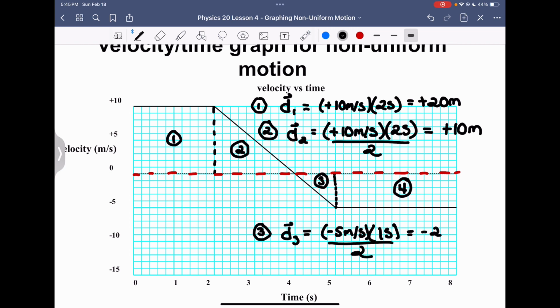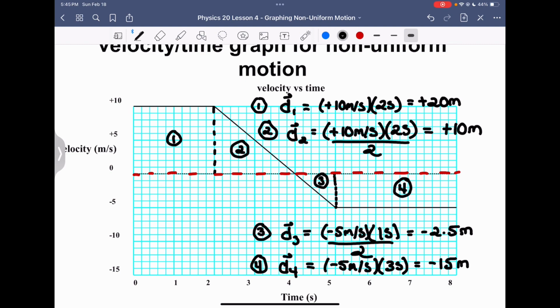Therefore, I get -2.5 meters. Lastly, region number 4. The displacement in region 4 is equal to -5 meters per second, multiplied by the time it takes. Well, it's there from 5 to 8 seconds, so we consider that a 3-second interval. This gives me -15 meters.